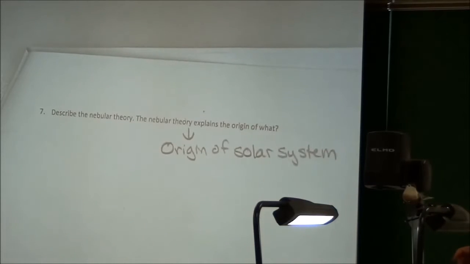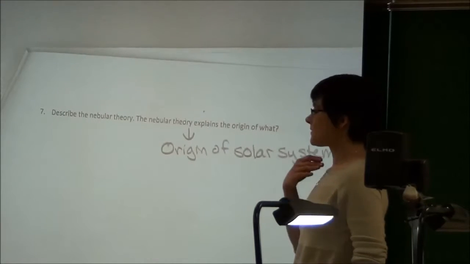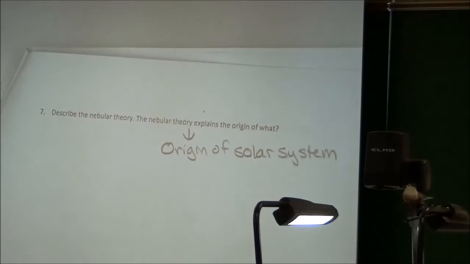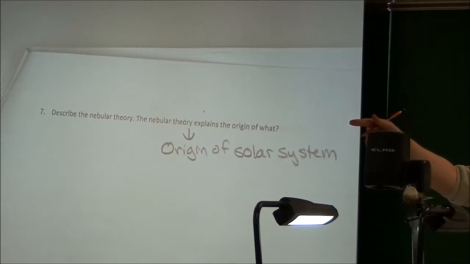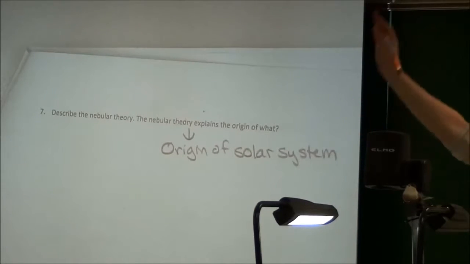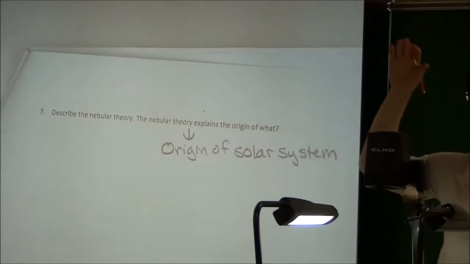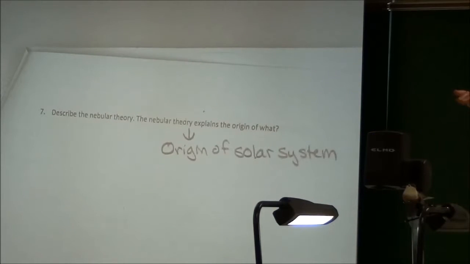So, describe it. What happens? What's step 1? Loose dust and particles in space that are pulled together by gravity. Excellent. What's that called? Nebula.